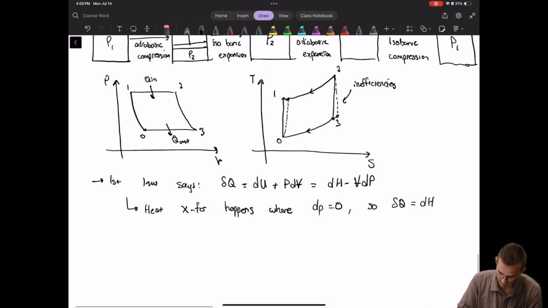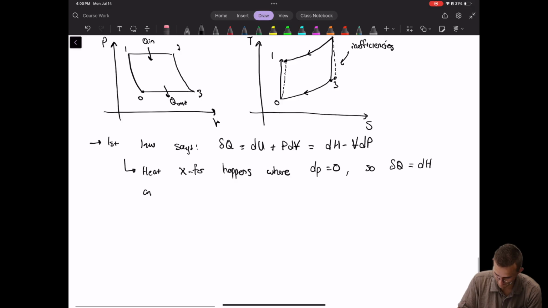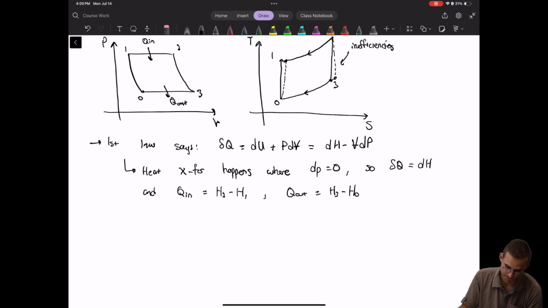And Q in is thus equal to H2 minus H1 rather. And Q out is equal to H3 minus H naught. Okay? And so we can write the Brayton cycle efficiency in the following way, where we have 1 minus H3 minus H naught over H2 minus H1.